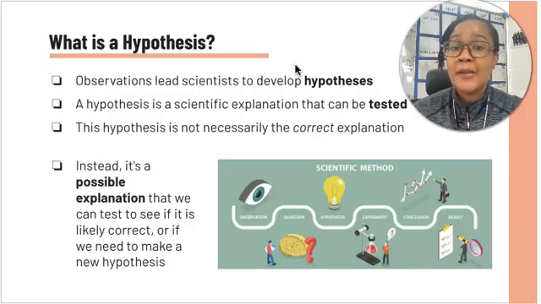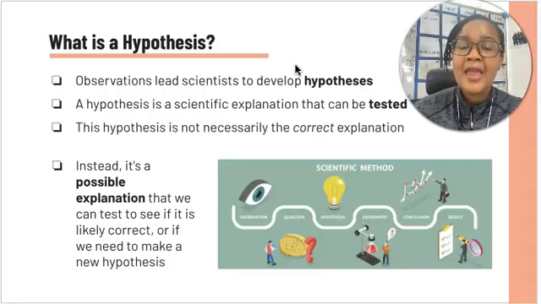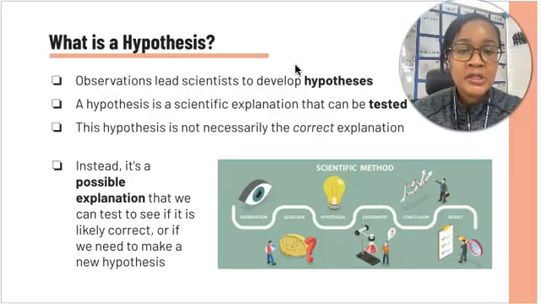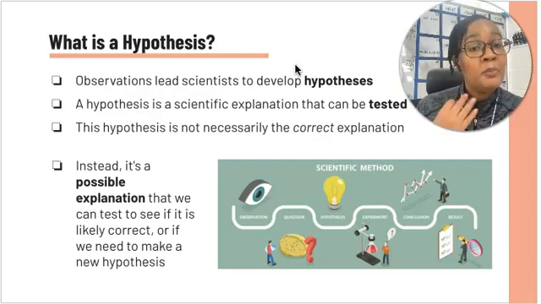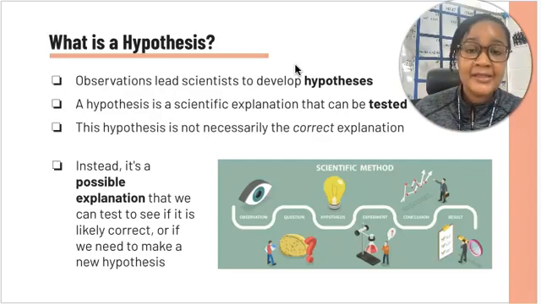Your hypothesis may not be correct, and that is okay. You are using the knowledge that you have, your prior knowledge, to make your best hypothesis, but most of the time the hypotheses that scientists make aren't correct.